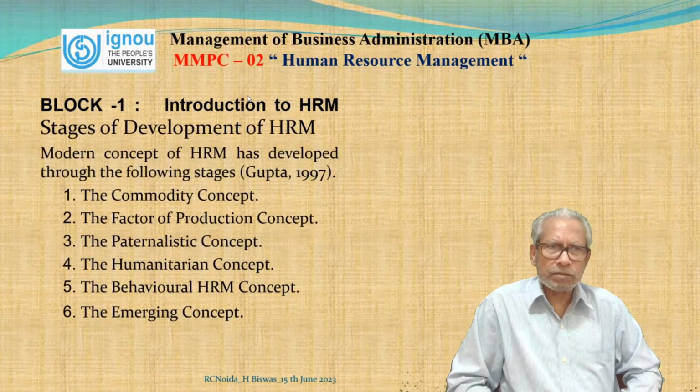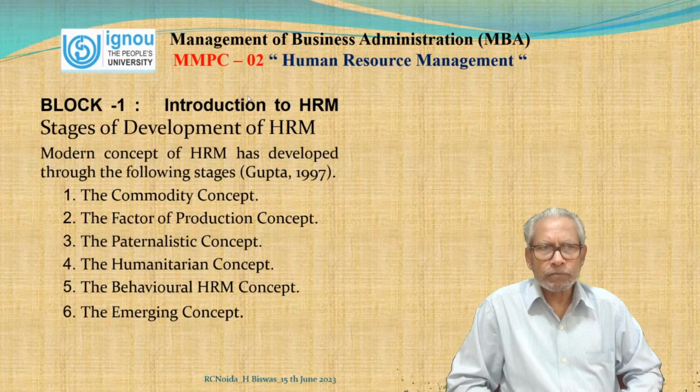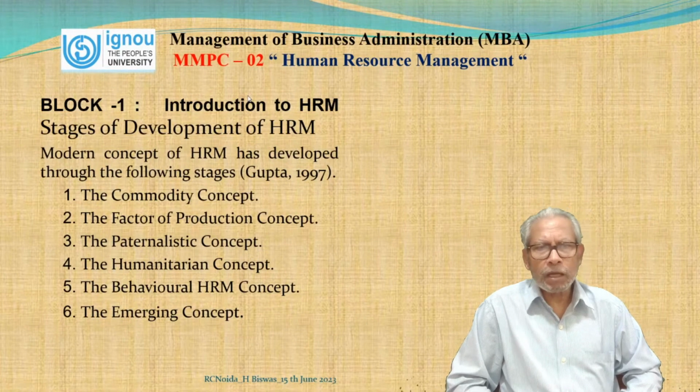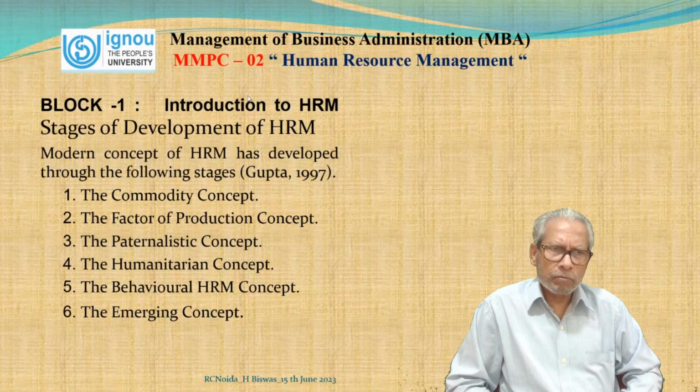Now, the different stages of the development of HRM. The modern concept of HRM has developed through the following stages. As per Gupta 1997, the commodity concept means humans are considered just like a commodity, one of the objects, as earlier.